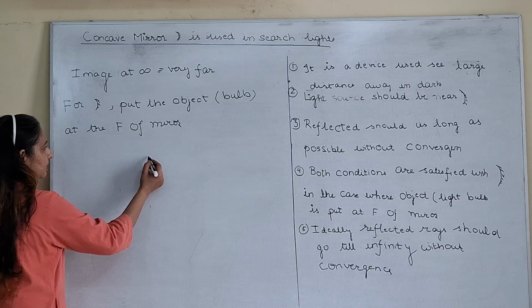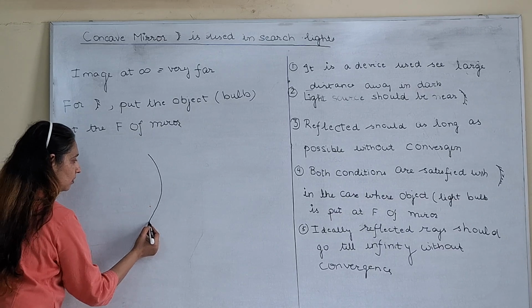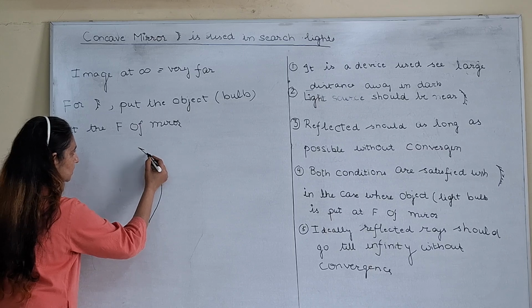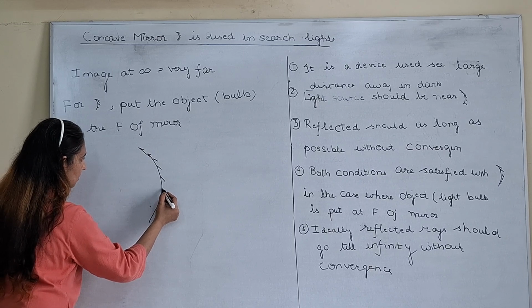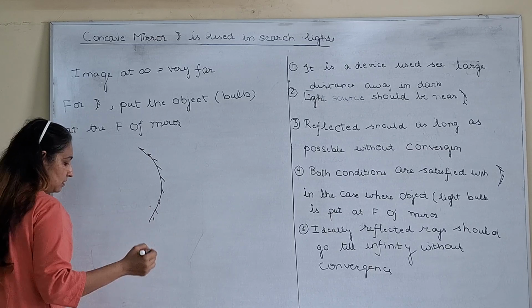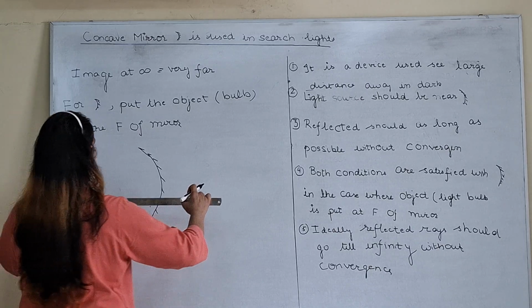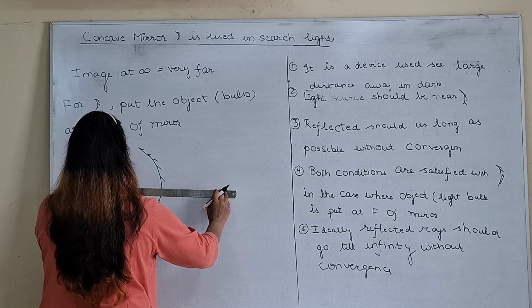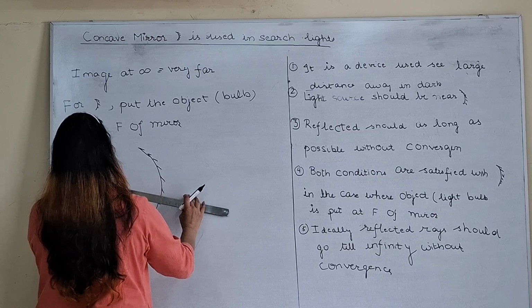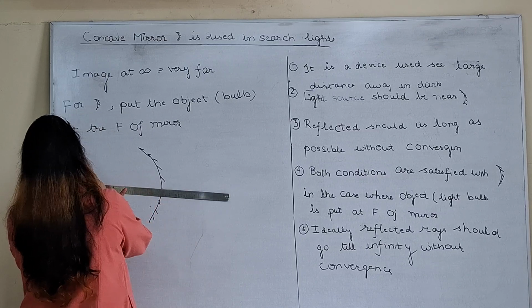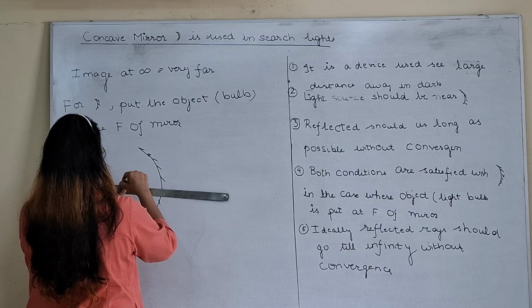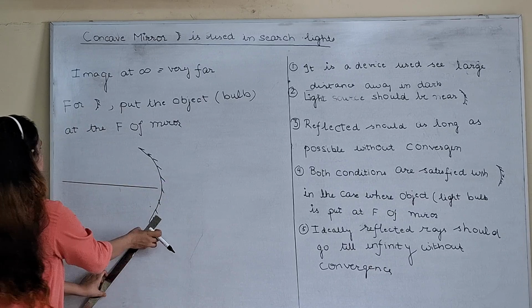Now we can draw the diagram also. So suppose this is the concave mirror. Okay, just draw a rough diagram. Fine.